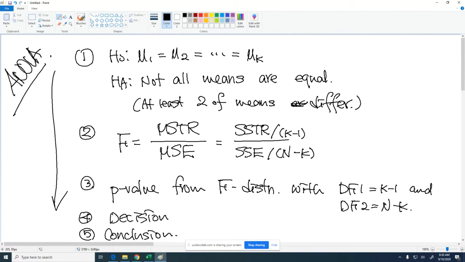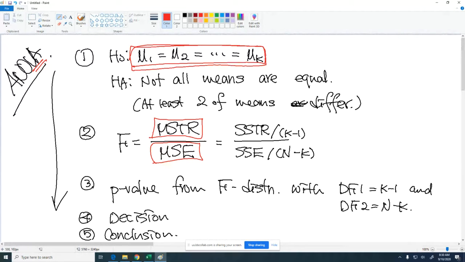And why is it the analysis of variance? Because we are using two variances. The mean squares are actually a type of variance. So even though we compare the means, we use the variance of the sample means, which is part of the numerator of the test statistic.